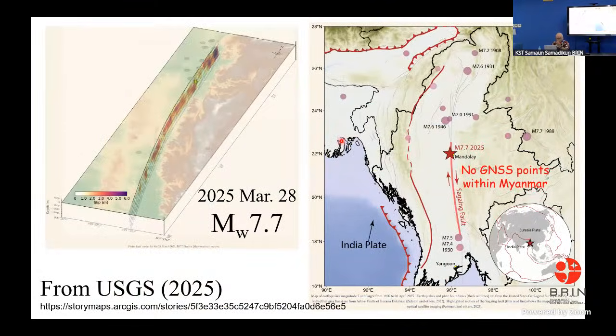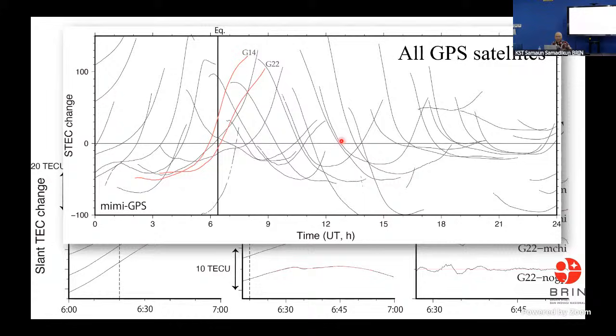And we are going to do that for the Myanmar earthquake using the stations in India. So this is a signal. And we use two satellites, G14 and G22, so GPS satellites.